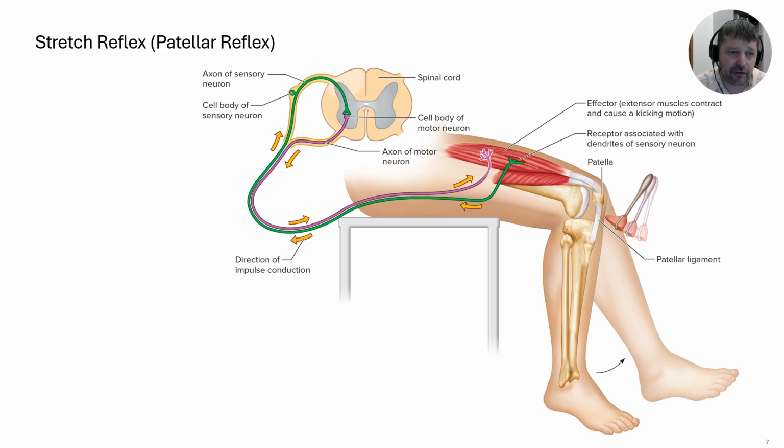Okay, so that stretch sensory will then send the signal to the cell body that occurs in the ganglia. That goes to the posterior horn, then to the anterior horn. Okay, it sends it back, and you get the contraction of that muscle. Okay, and that muscle will then force the leg out.